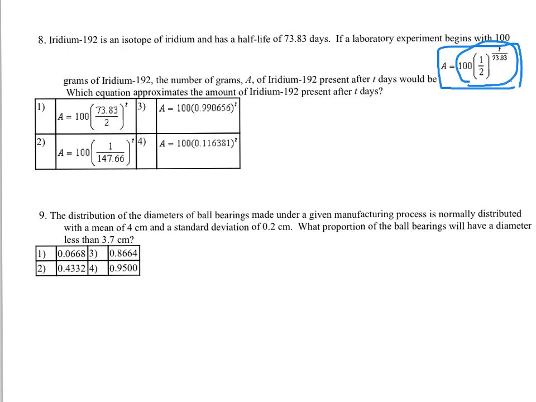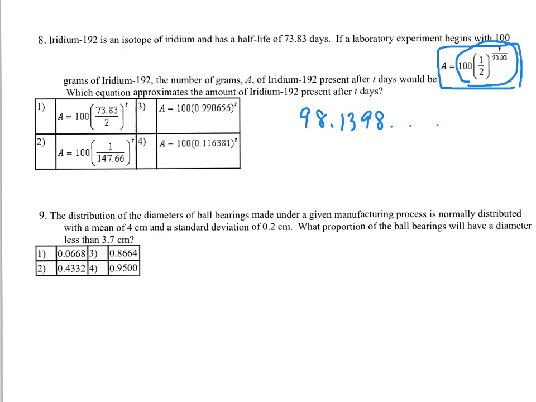Now when you hit enter, remember I stored 2 as x. You don't have to store 2 as x, but that's what I did. So I got 98.1398, and so on.